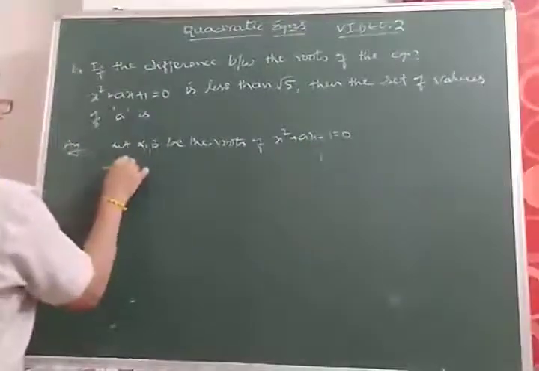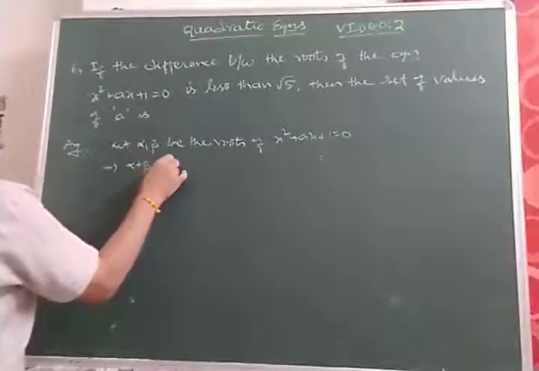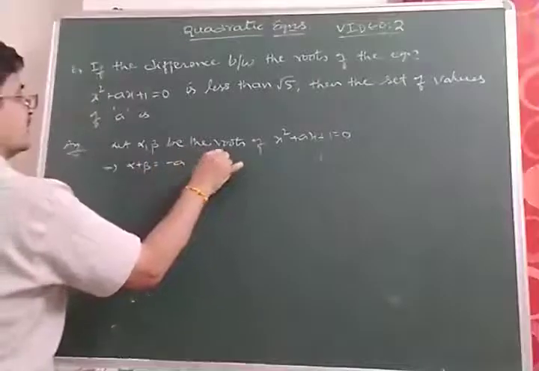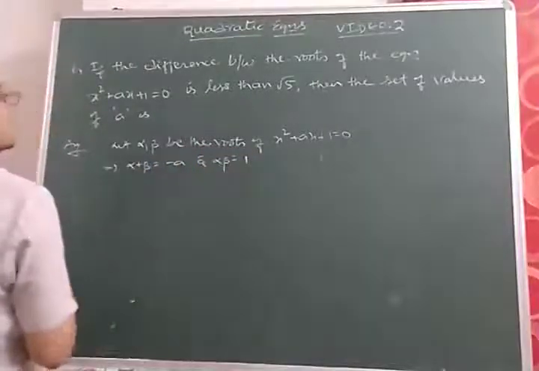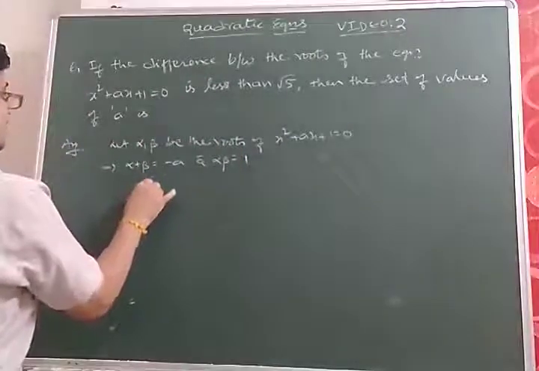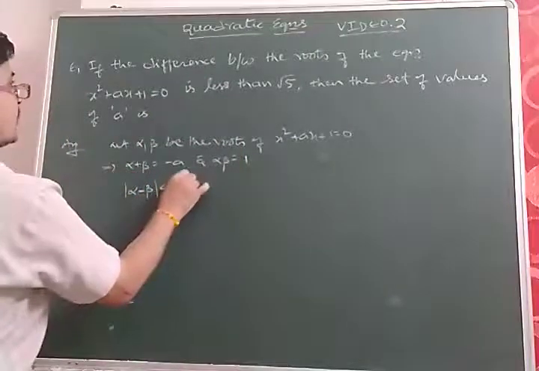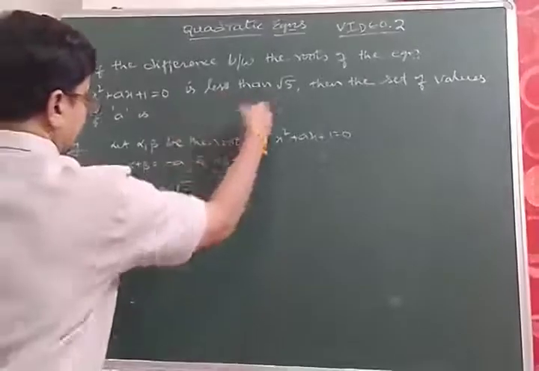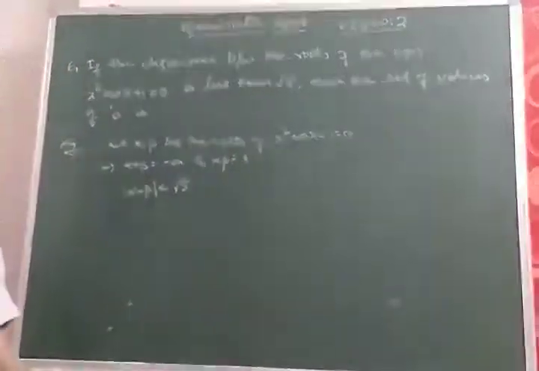So that implies sum of the roots alpha plus beta is equal to minus a and alpha beta is equal to 1. Given difference between the roots, that means alpha minus beta is less than root 5, then the set of values of a.